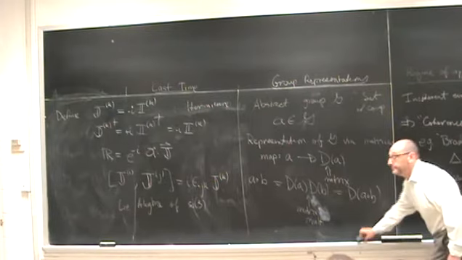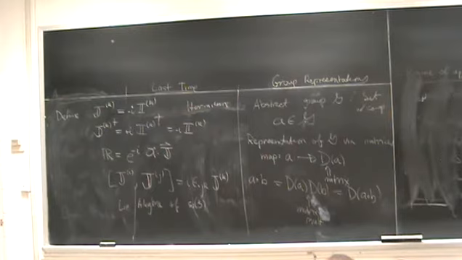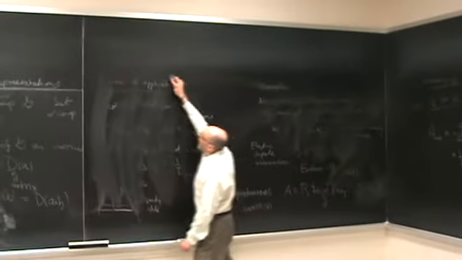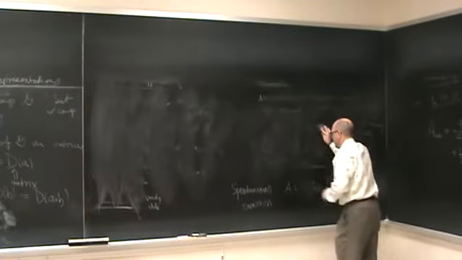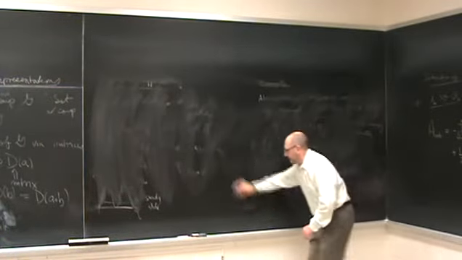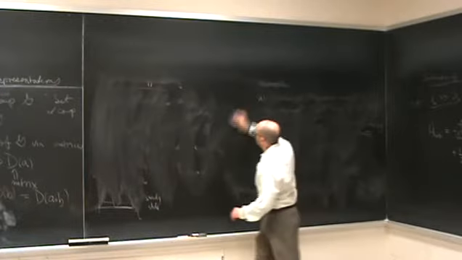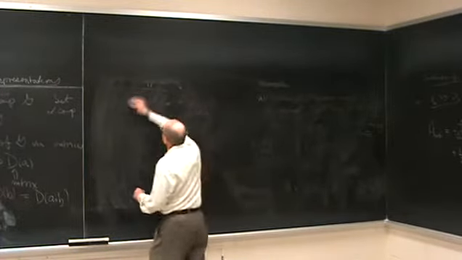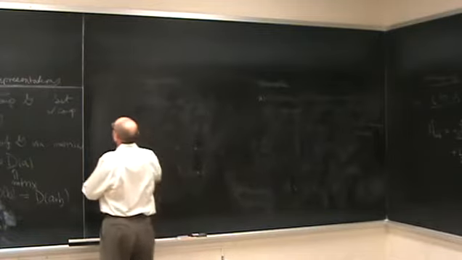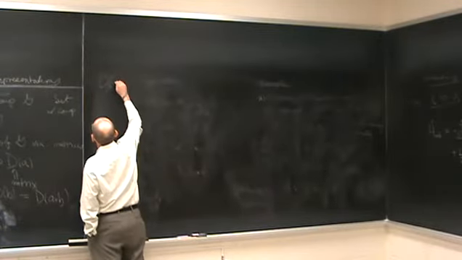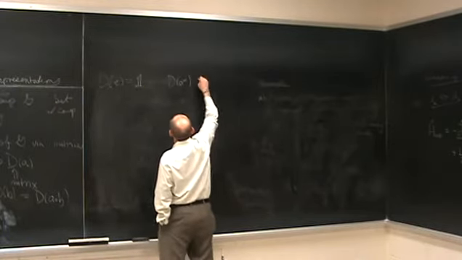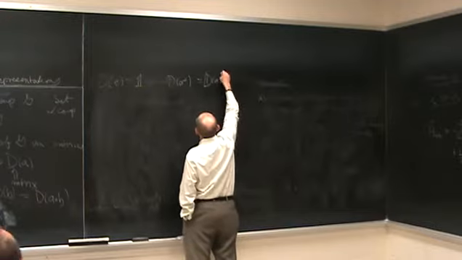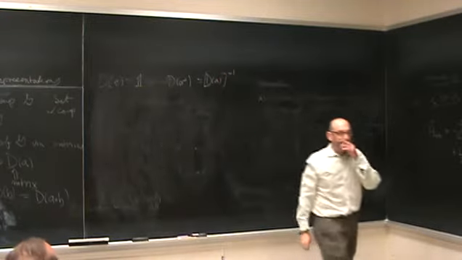Okay? Moreover, I have to have it be the case that I map the identity element of the group to the identity matrix and the inverse element to the inverse matrix. Okay?